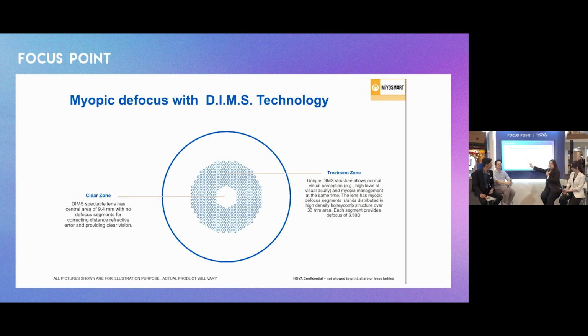We can have a look at the small lenslets over here, where each lenslet has its own distinctive power. That power helps bring the focus of the image formed in our eye slightly towards the front part, and hence it helps to slow down the power progression.